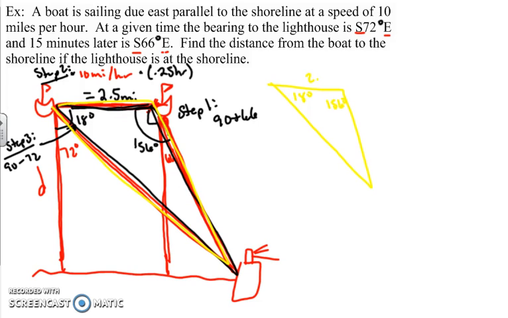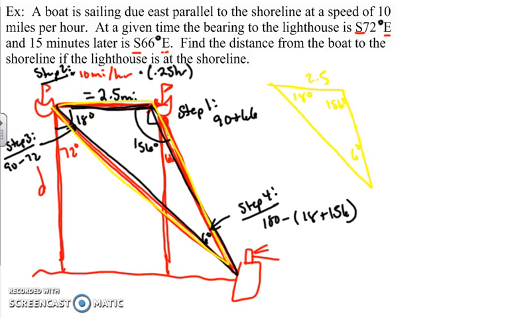I could figure out the last angle. This side is 2.5. Let's go ahead and figure out that last angle. So we'll call that step 4. That angle is 180 degrees take away the 18 and the 156 degrees, leaving us with 6 degrees there. So this angle is 6 degrees.